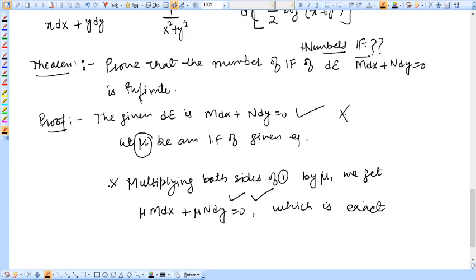By the definition of an exact differential equation, there exists some u such that mu M dx plus mu N dy is equal to du, because it is exact, right?